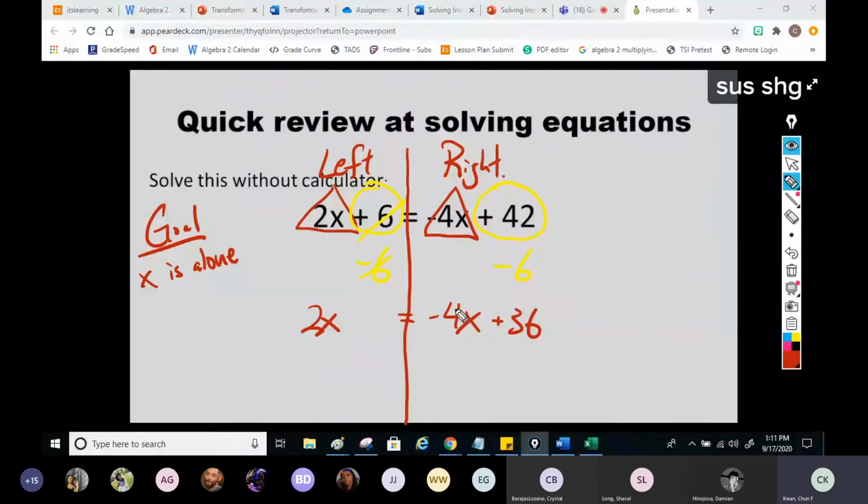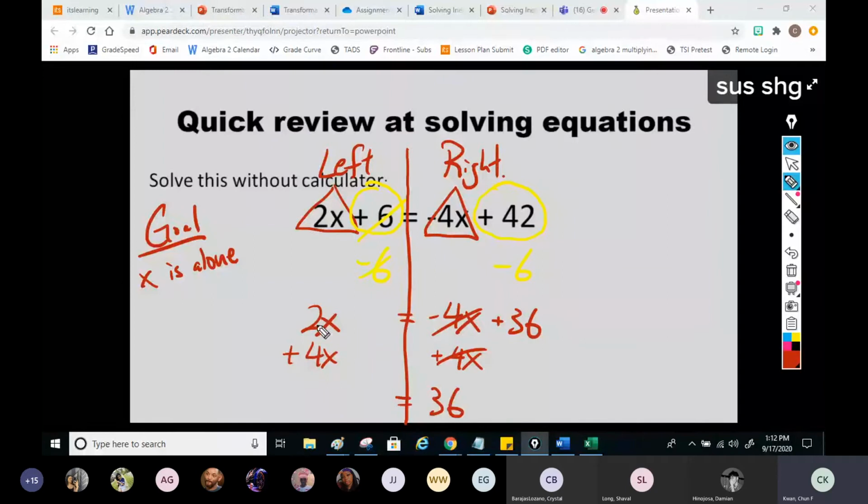All right, so -4x, if I want to move it to the left, I have to go positive 4x on the right, and then whatever you do to the right side, make sure you do the same on the left side. -4x and positive 4x cancel out. You will have just the 36.